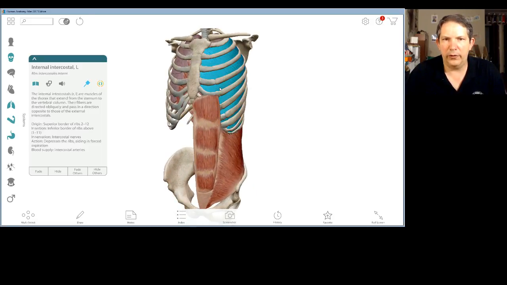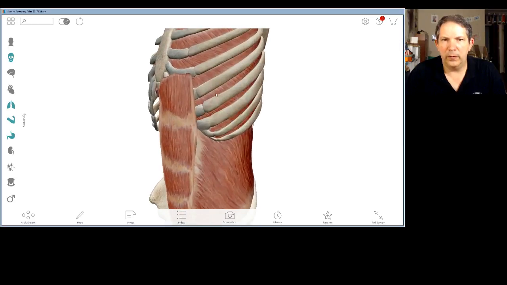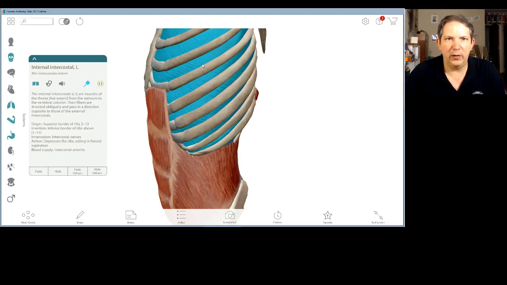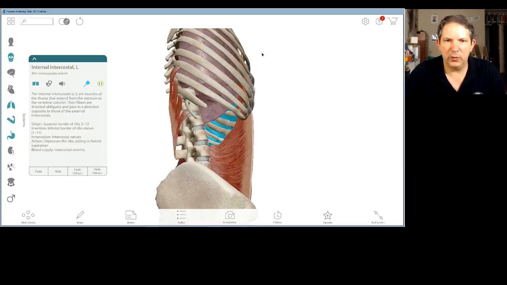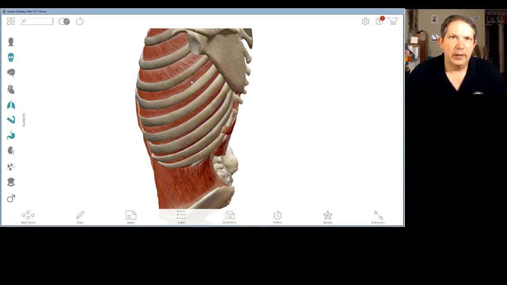And here are those internal intercostal muscles. This is not one continuous band of muscle. It's in between each rib. And yes, when you eat ribs, these are part of it. The external and internal intercostals.